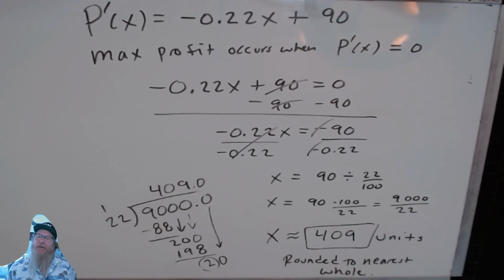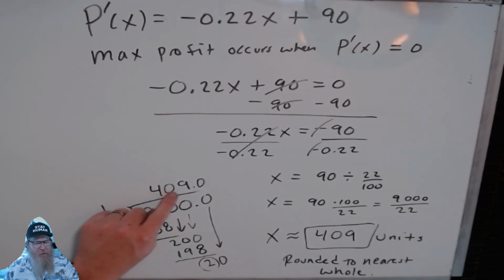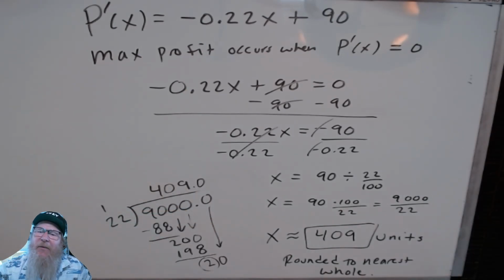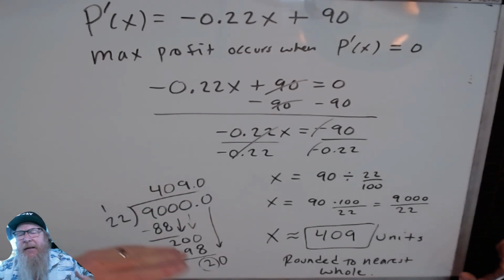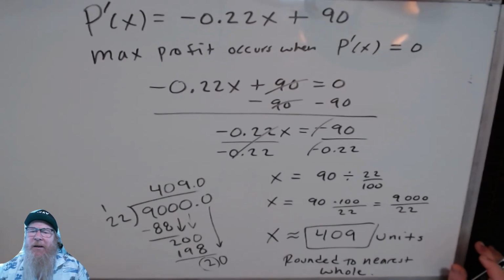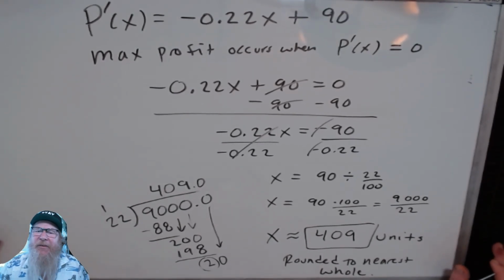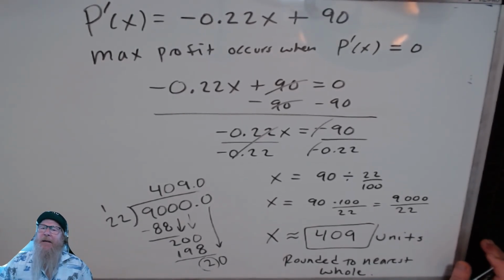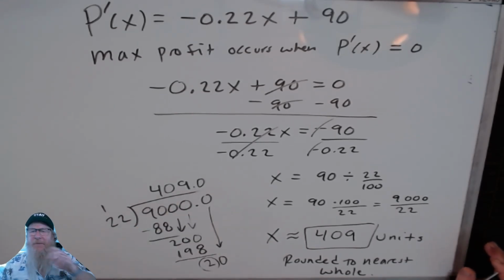So I'm just going to round it to 409. Now, if this was 409.5 or 409.6, I know this is calculus, I don't need to tell you this, but sometimes when you get this far along in math, you forget the 5th and 6th grade rules that we learned when we were children. So there it is, 409 units. It's pretty darn close to almost exactly 409.